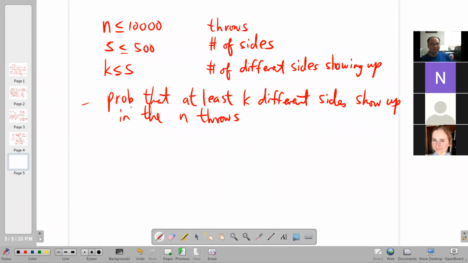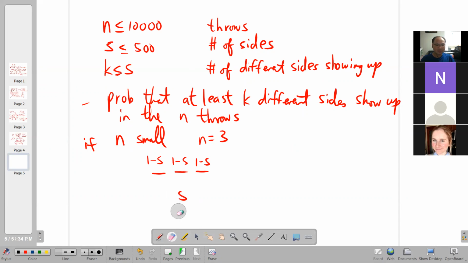What to do? So if n is small, say n is 3, how would you do it? Well, you have three possible throws, each one can be 1 through S. So you can generate all possible throws by saying S cubed. Each entry has S choices.